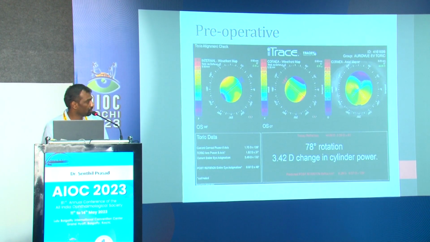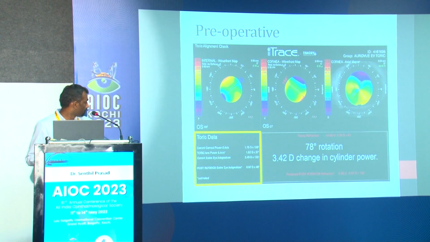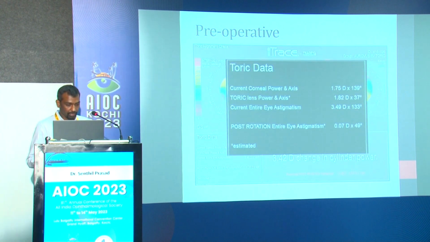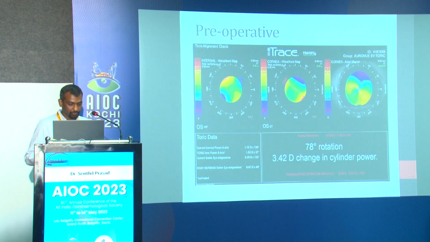This is a screenshot of the wavefront aberrometer's interface using the toric check display. The parameters are given at the left bottom. We'll just magnify it. It gives the corneal astigmatism, the implanted toric IOL's power at the corneal plane, the position of the toric IOL, and the current astigmatism of the eye, and then it predicts an estimated residual astigmatism post realignment of the misaligned toric IOL.